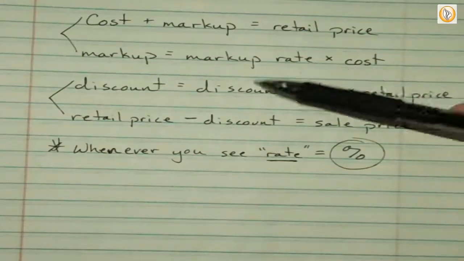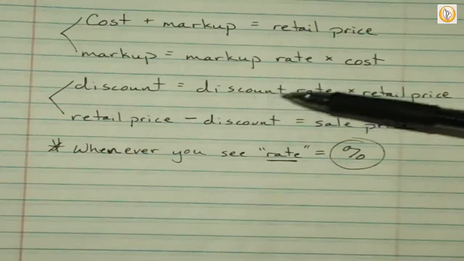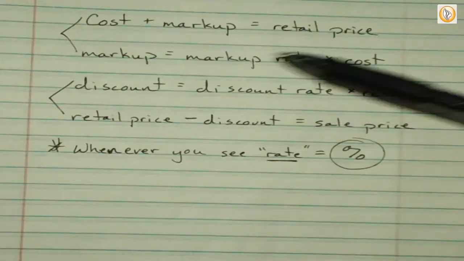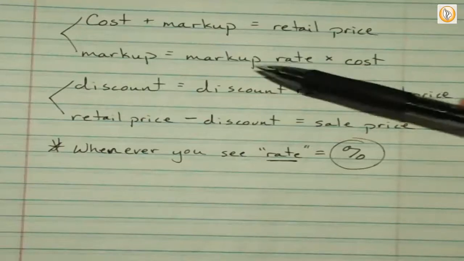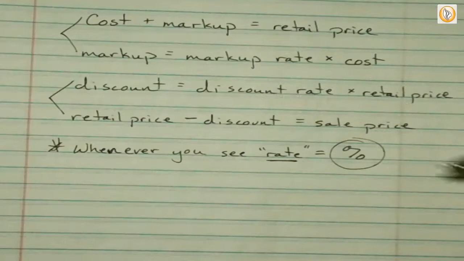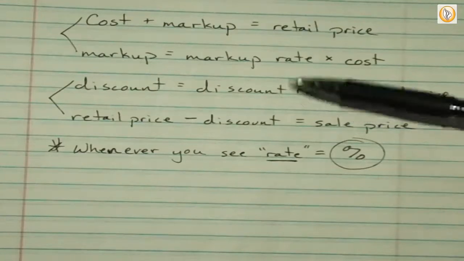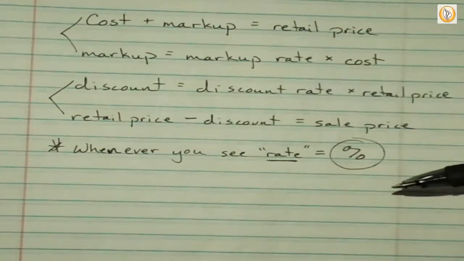So right here, discount rate, you should see a percent number here. Markup rate, percent goes here. So when they talk about markup rate and discount rate, they're referring to the percent of the discount. They marked it up at 50%, that sort of thing.